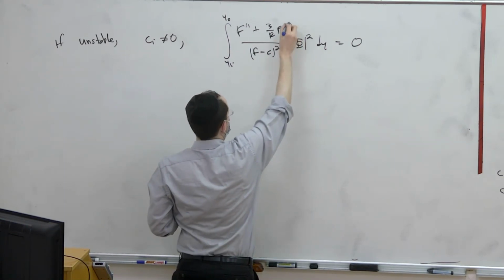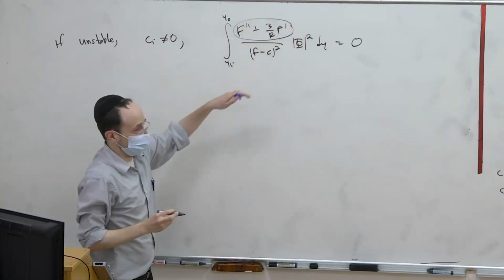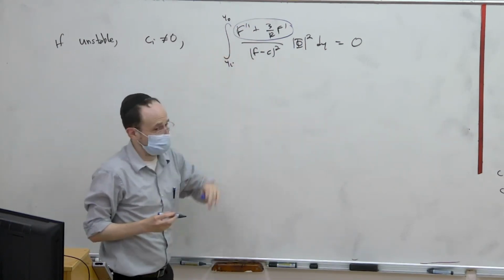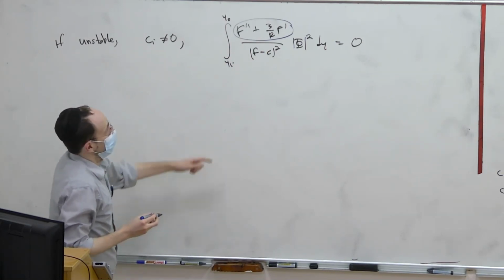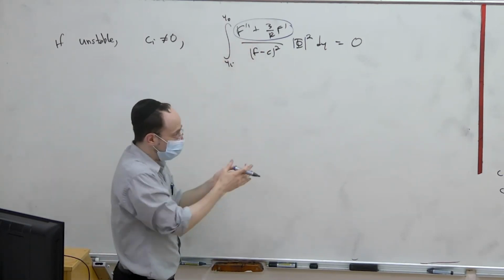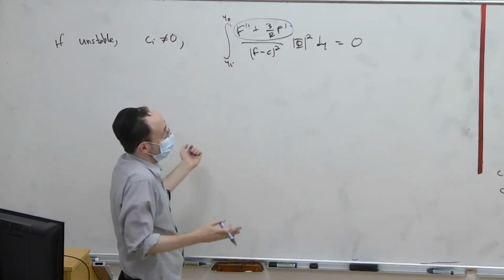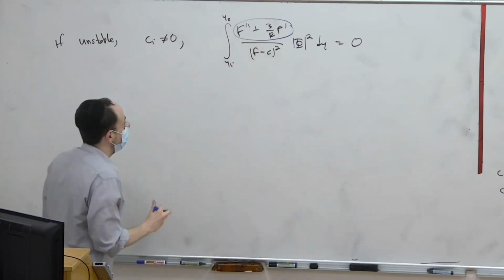If this integral is equal to 0, and everything else in the integral is positive, it is just the magnitudes of these terms. So this thing has to change sign somewhere, right? Because when I integrate, I need at least some negative values and some positive values such that when I integrate over the whole function, I end up getting 0. So I need to have a change in sign.